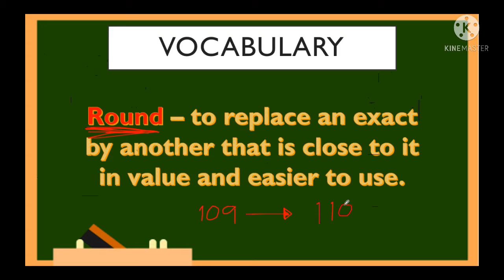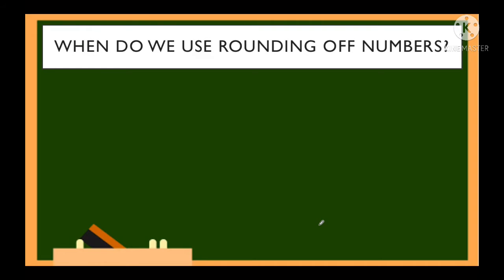It's easy to count, right? So that is the meaning of round or rounding of numbers. It will replace the exact number with the closest number that is easier to use.